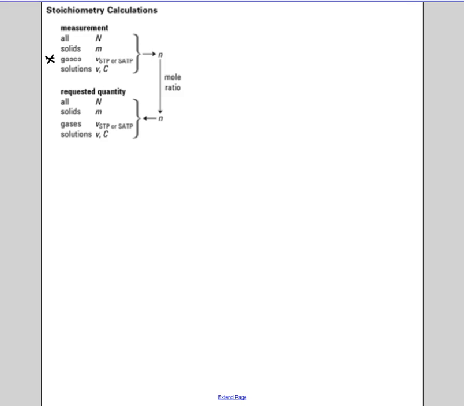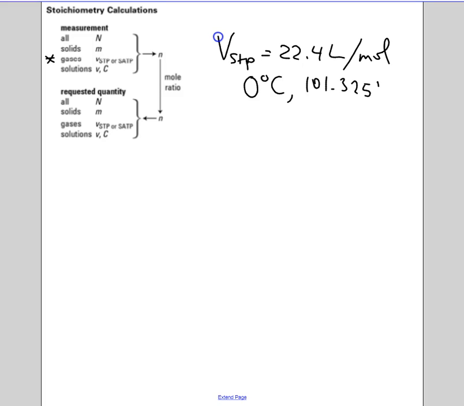We go back here to this stoichiometric calculation summary. So we know that we've got our 22.4 liters per mole under standard temperature and pressure, so that's 0 degrees Celsius, and 101.325 kilopascals.